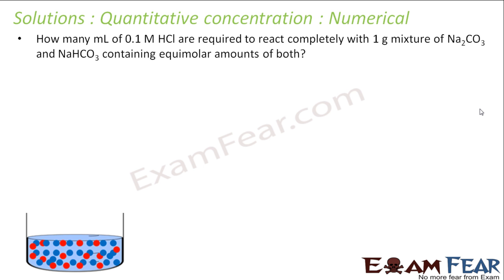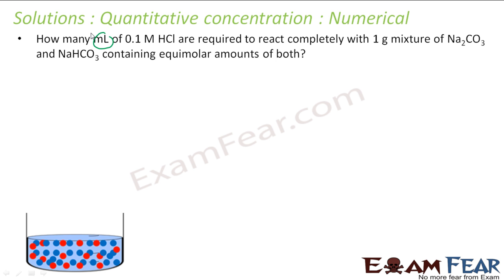Let's see this little tricky question. How many milliliter of 0.1 M HCl are required to react completely with 1 gram of Na2CO3 and NaHCO3 containing equimolar amounts of both? The question says that this HCl will react with Na2CO3 and NaHCO3, and we have to find how many milliliter of HCl is required.